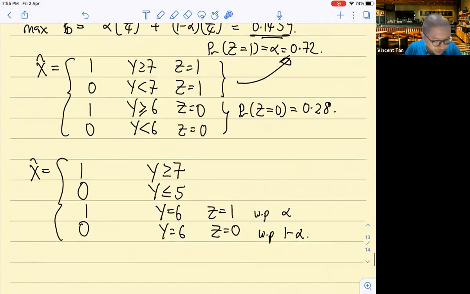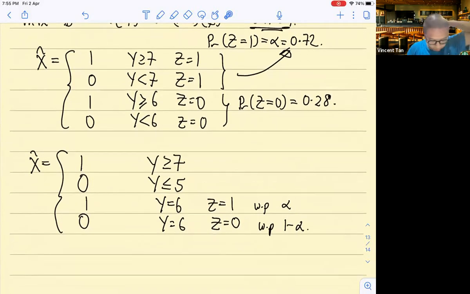I hope this is the right direction. Z equals 1, y equals 6. If y equals 6, z is equal to 1. This is flipped, sorry. This is 0, 1. What is this?